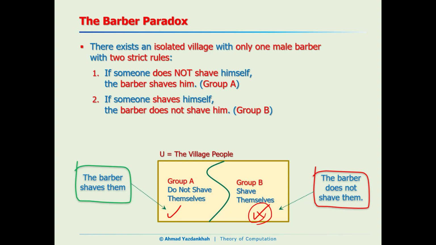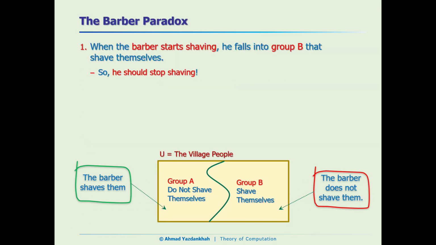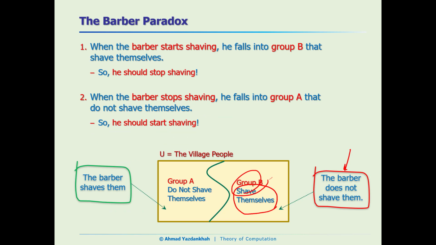So this is group B. Okay? Now the important question: does the barber shave himself? When the barber starts shaving, he falls into group B, the people who shave themselves. So he should stop shaving. And when he stops shaving, he falls into group A and he should shave himself. And this is a paradox.